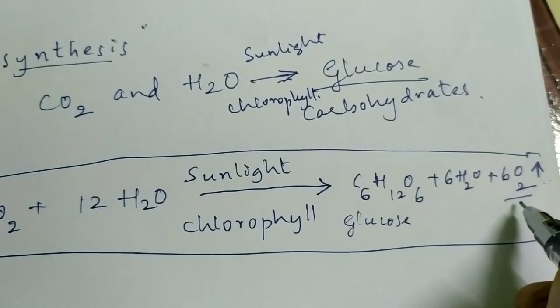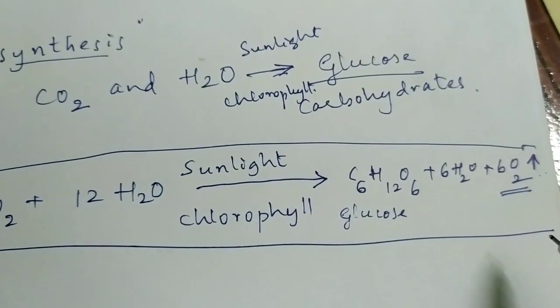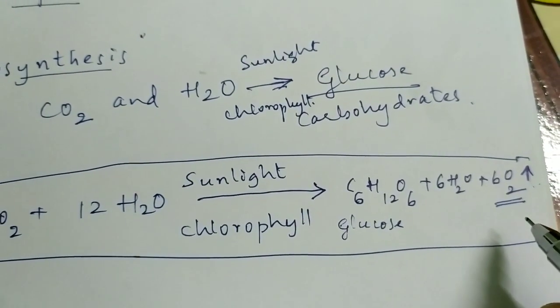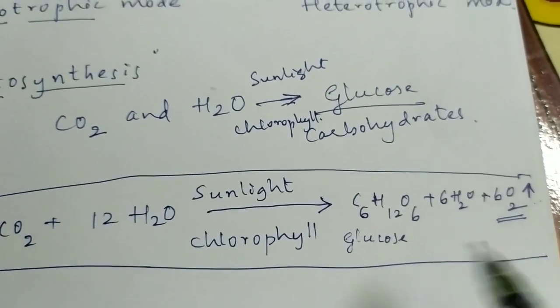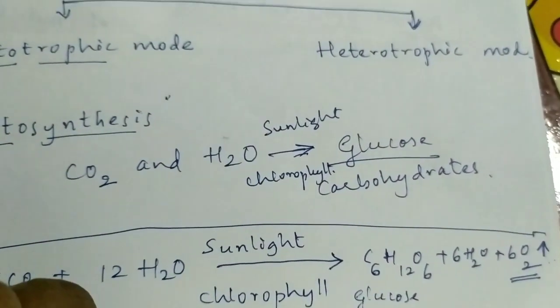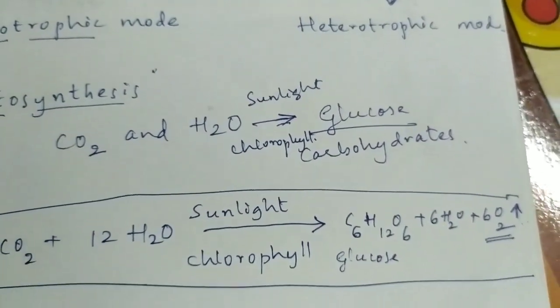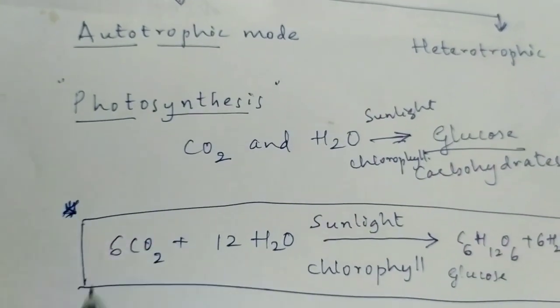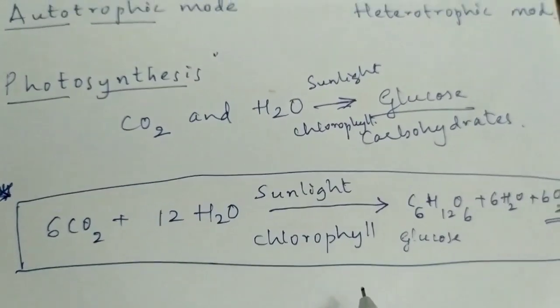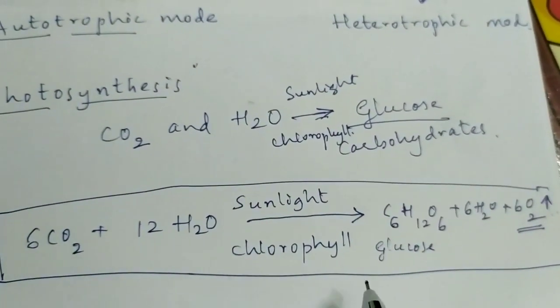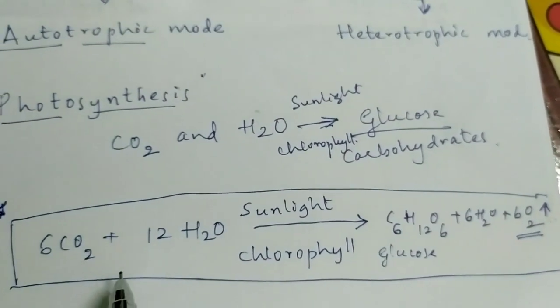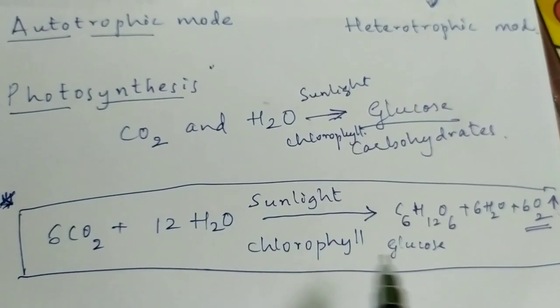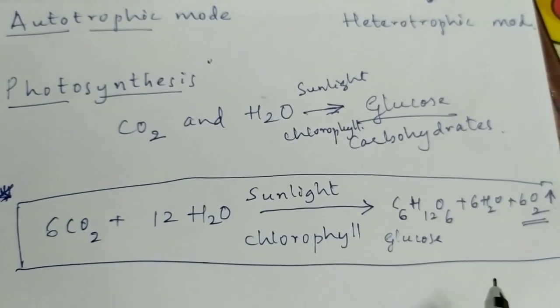The oxygen is one of the end products given out during photosynthesis. So this equation is very important from the point of view of examination. You all must remember how we can represent the process of photosynthesis in the form of a chemical reaction.